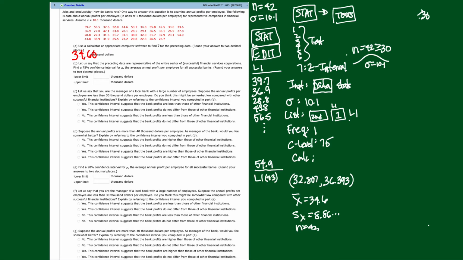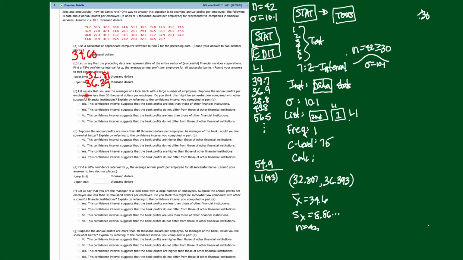So I'm going to write 32.81 here. And the upper limit, okay, the upper limit here, 36.93. And if I round to 2 places, I'll get 36.39. 36.39, that's it.